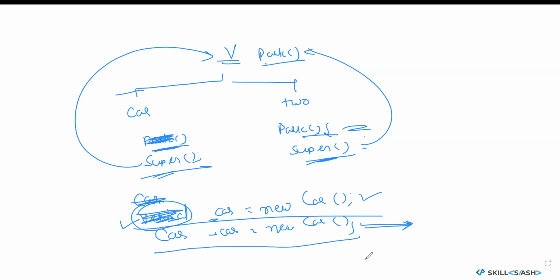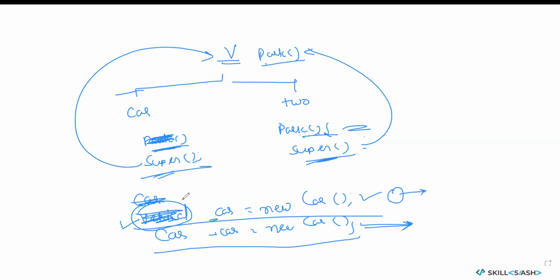Got it? Yes. I had the same doubt, because car is anyway extending from vehicle, right? So there's no advantage of using the first line actually. I mean, usually we use it in interfaces. Exactly. Why I have taken it is that I'm explaining polymorphism.